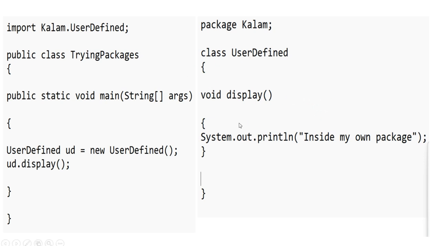Now taking these two programs as an example, let's quickly revise what we have done in user defined packages. To create your own package, this is the keyword. Whenever you use the keyword package, your compiler understands that you want to create a package of your own, and you're giving it a name.